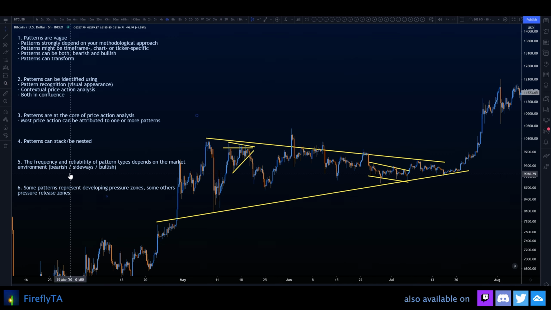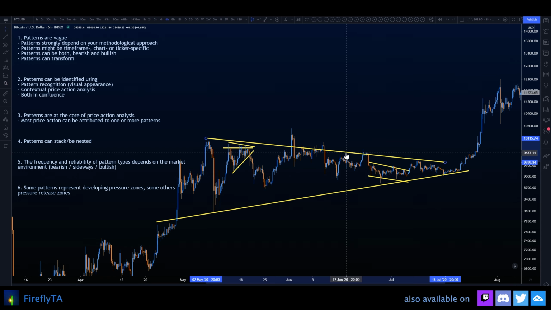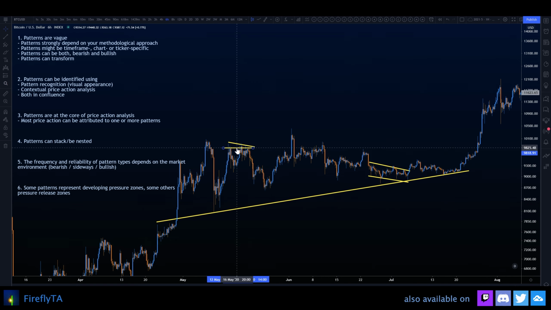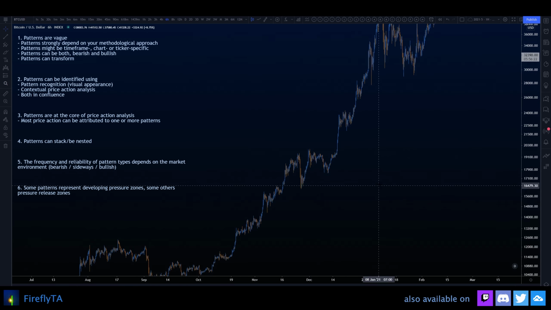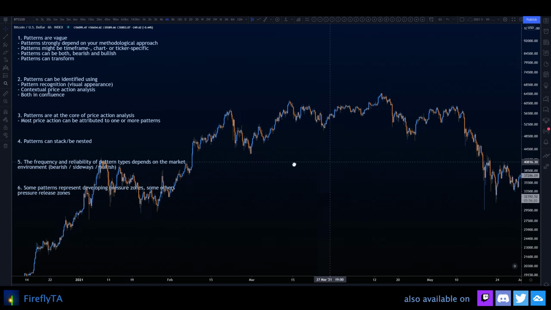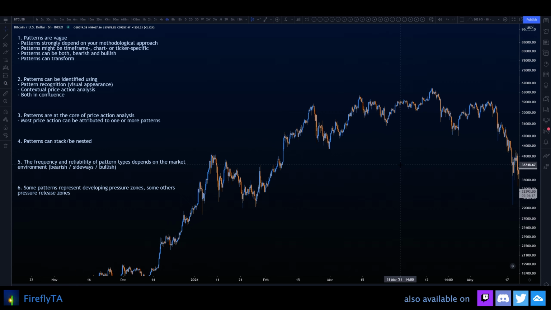Point number 5, the frequency and reliability of pattern types. This depends on the market environment. So this is already referencing the interpretation of patterns, how they should be read when we want to find the perfect trade, or trade setups, or if we want to distinguish bearish from bullish patterns.